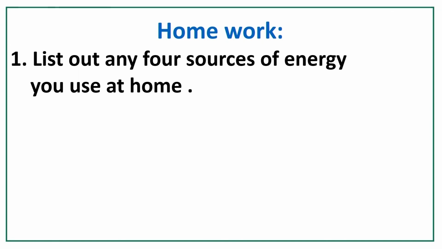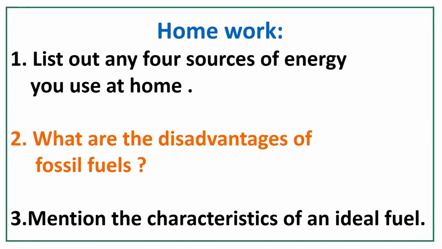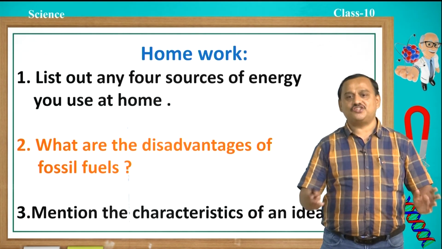This is the activity given in the textbook. Next one: what are the disadvantages of fossil fuels? And third question is: mention the characteristics of a good fuel, an ideal fuel. I hope you can do this homework without miss and you can submit to the teacher.